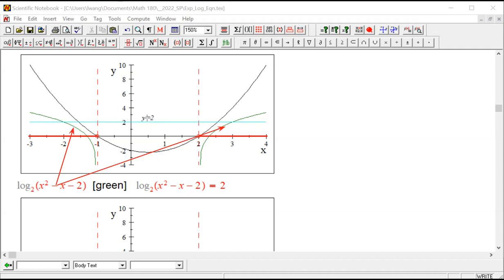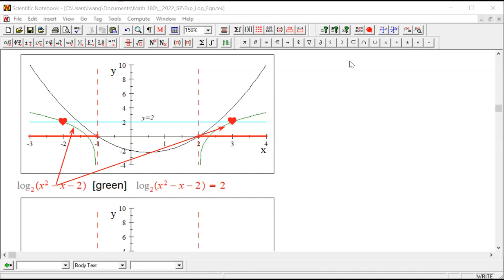The blue curve is equal to 2, so the output is equal to 2. Then that crosses the green curve at 2 places. And the input is what we're looking for. It looks like it might be -2 or 3.